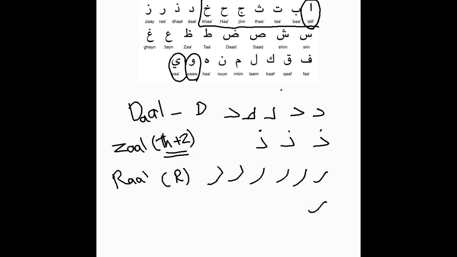We have an R with a dot on top, and that will be Zai. It's similar to Z, yeah. It's the closest to Z. Zai. Just an arc with a dot, a part of a circle, and just a dot. Just remember, from right to left.